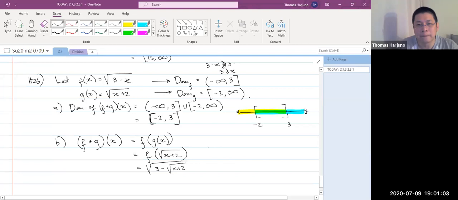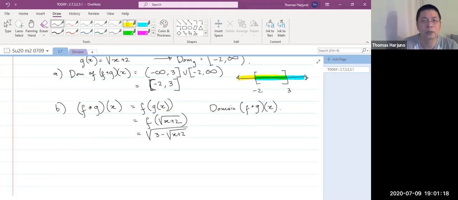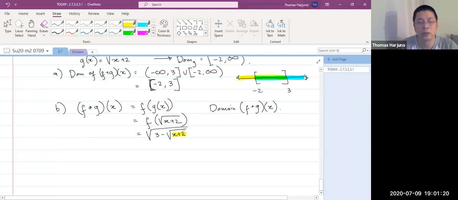How about the domain of f compose g of x? Of course, from here, we see that first, x plus 2 has to be greater than or equal to 0, right? That's basically the domain of g(x).